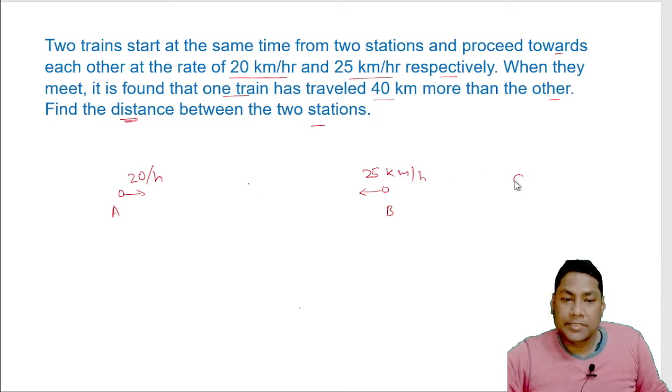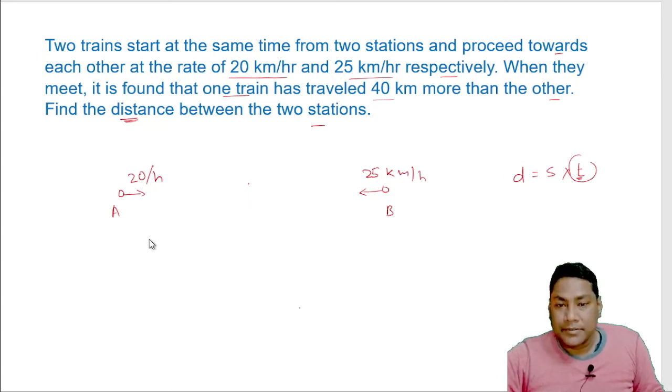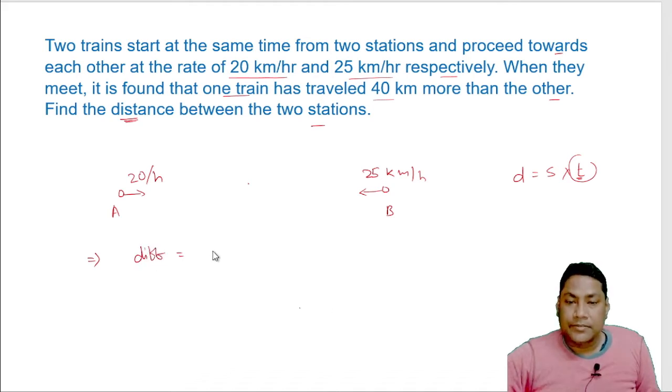In the question we have to find the distance between the stations. For taking out distance we require the speed and the time. From here we can calculate the relative speed, and for time, one train is running 5 kilometers more than the other train, meaning in 1 hour the difference of speed is 25 minus 20, that is 5 kilometer per hour.